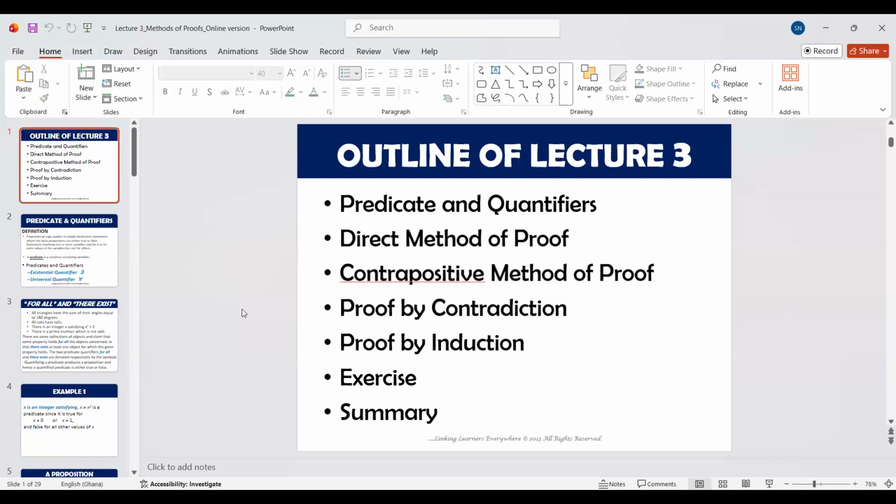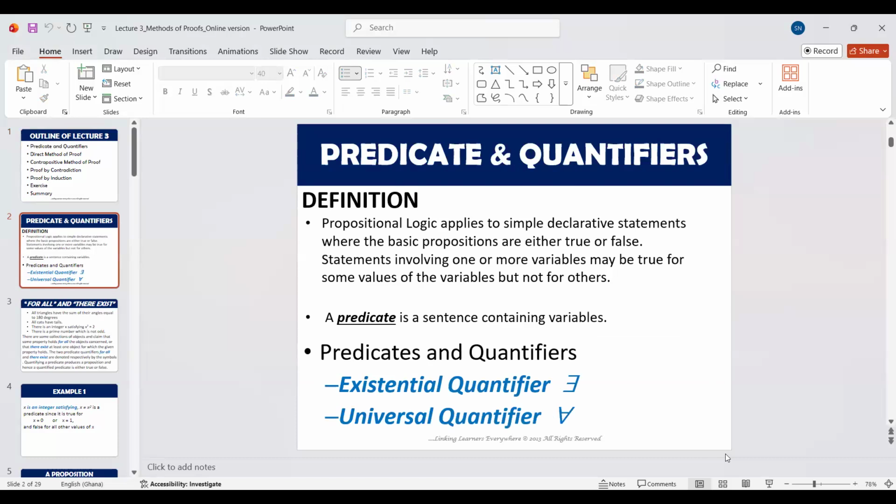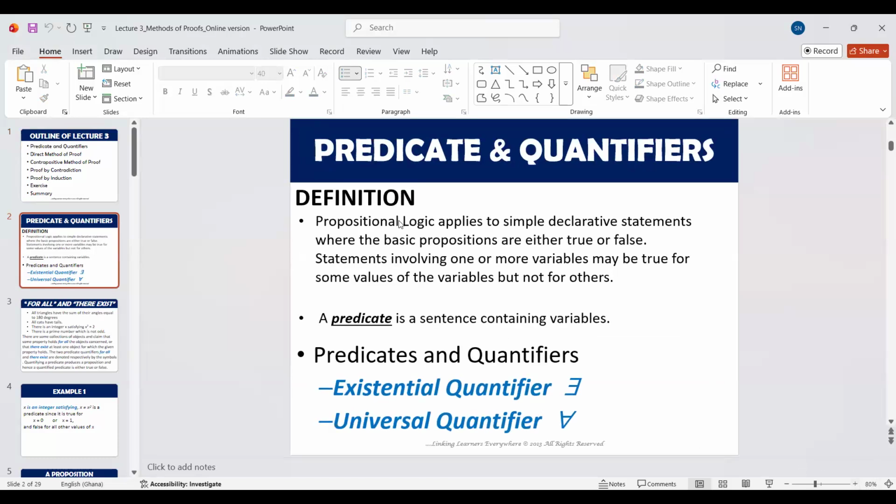Okay, so let's recap what we've done so far with respect to logic. We learned from our logical statements that a statement is said to be a proposition if and only if that statement happens to be either true or false. I hope you remember this rule.